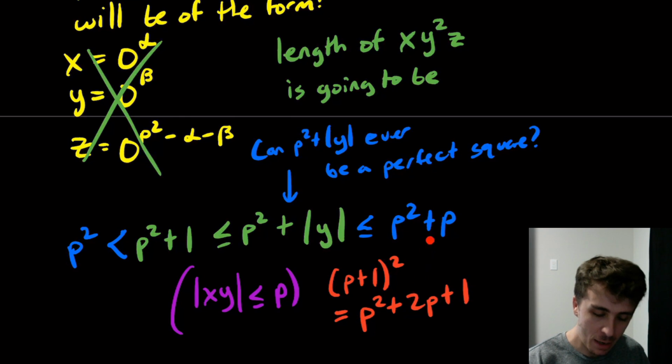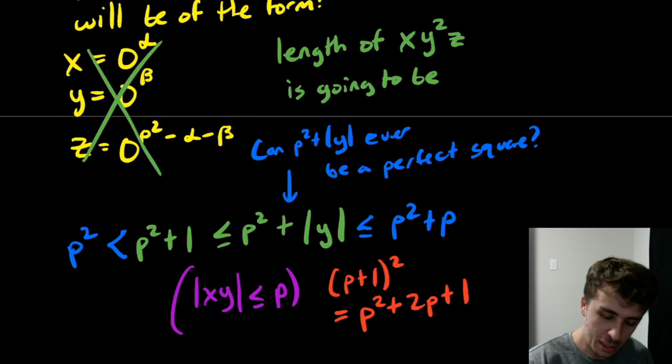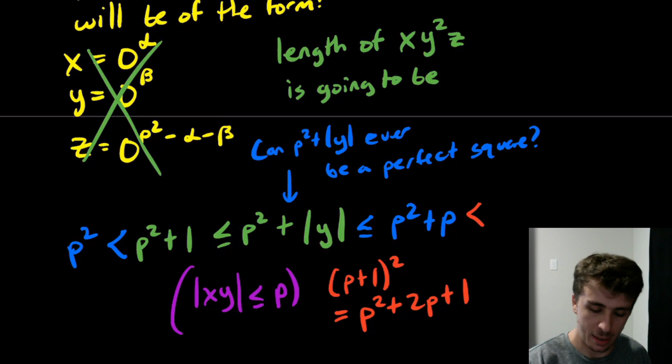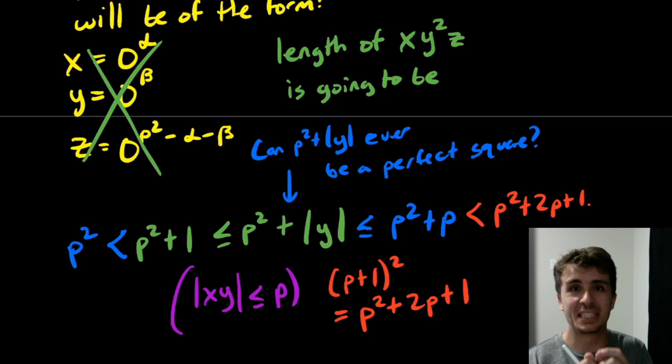But if we compare these, the one that the length could be is always strictly less than this one because of this +1 right here. So this is strictly less than p squared plus 2p plus 1. Why am I even telling you this? Well, this perfect square and this one right here are consecutive.